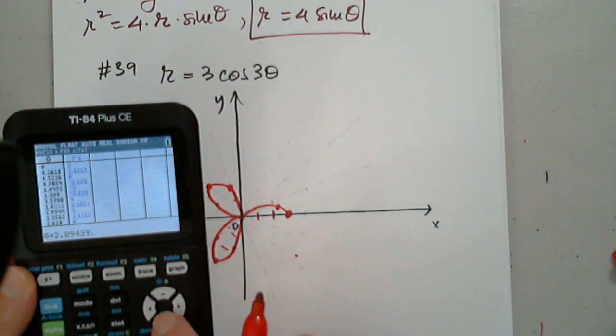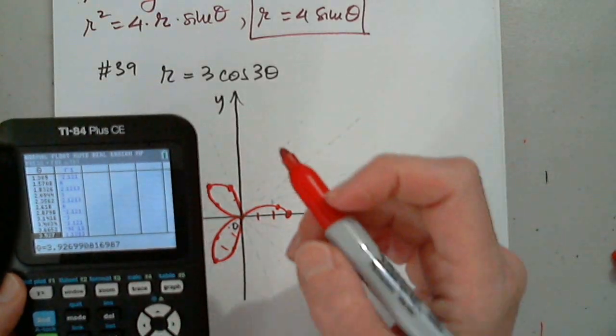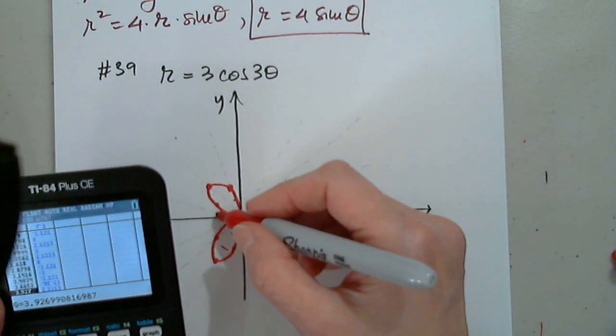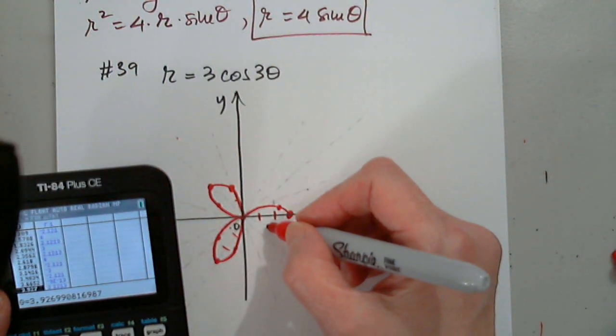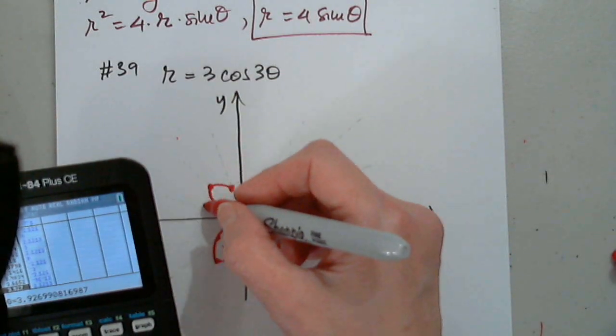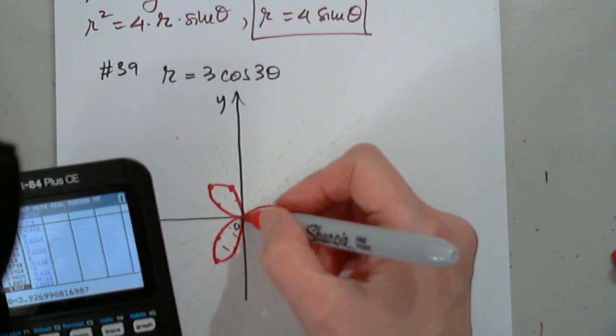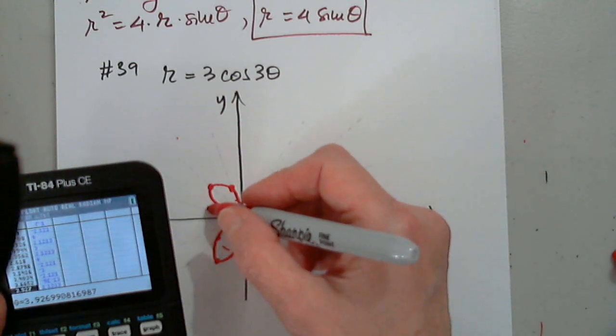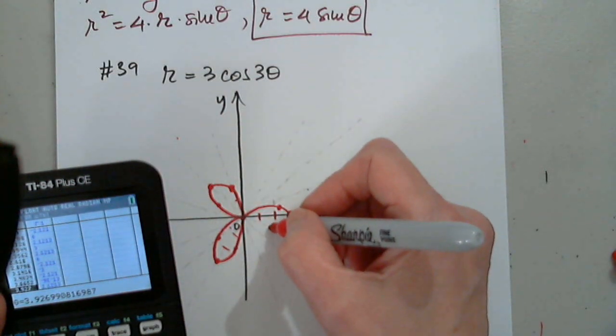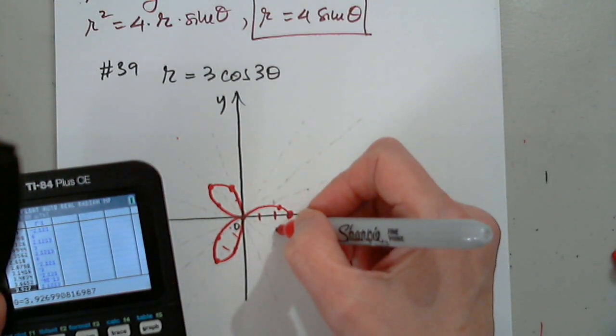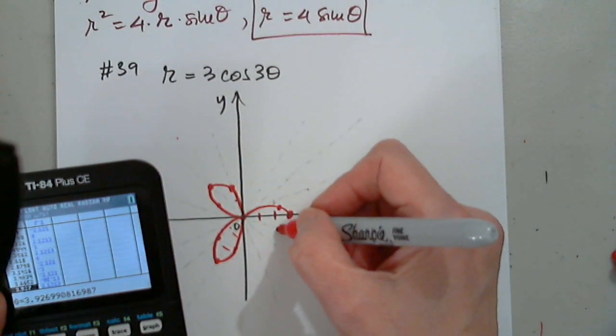Okay, I have to see more. The next will be at -2. So it's on this ray, up here, negative, yes.